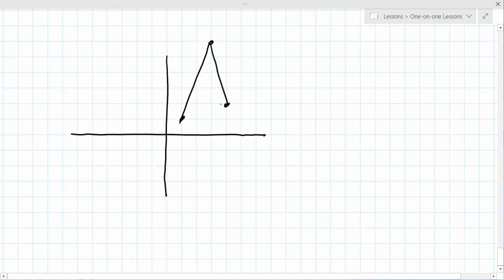But these are 1x1 grids. This is A, B, C, and we're going to go counterclockwise 90 degrees about point A. Okay. Let me get some graph paper.